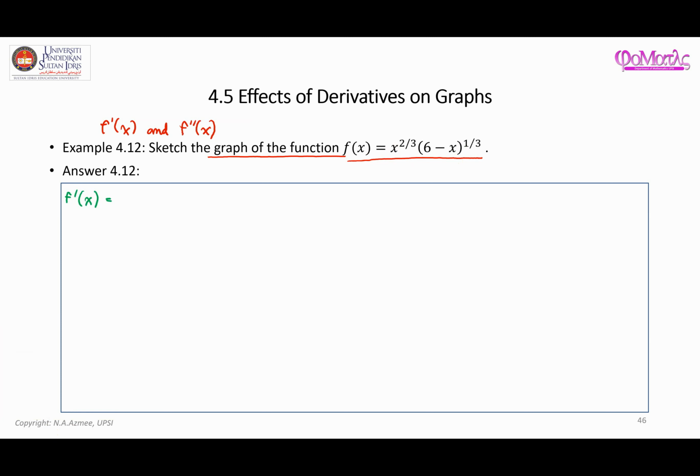So this is the answer to the first derivative, which is (4 minus x) over x to the power of 1/3 times (6 minus x) to the power of 2/3. And for the second derivative, the answer is negative 8 over x to the power of 4/3 times (6 minus x) to the power of 5/3.